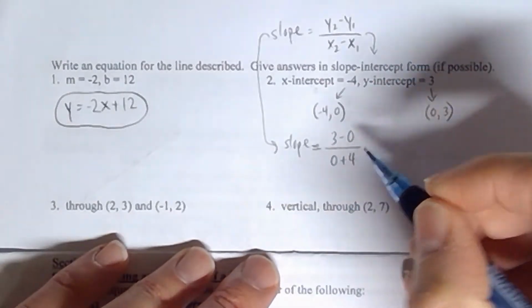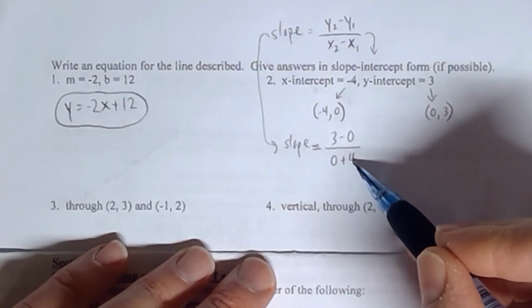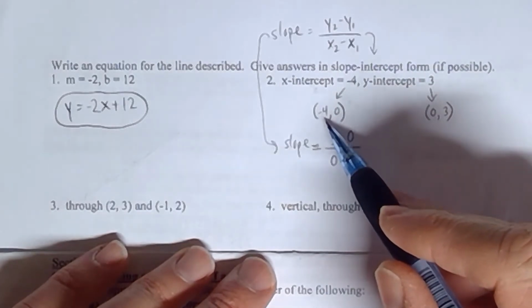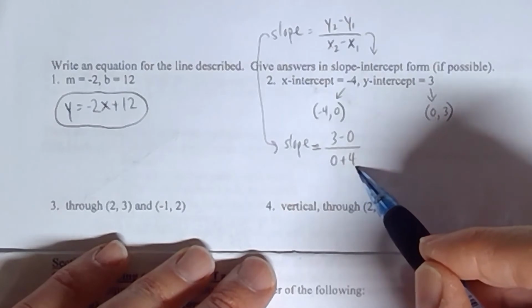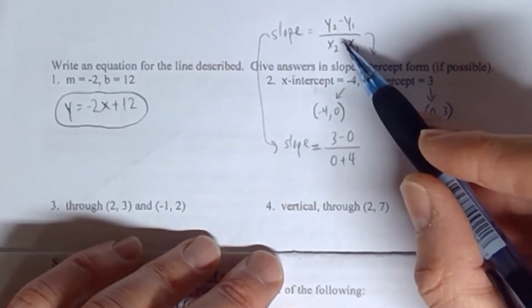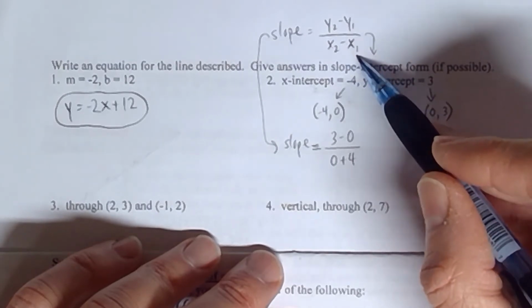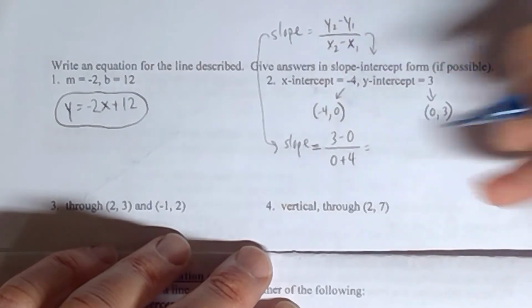If you had plugged in a positive number, say this was 4 instead of -4, then that would be -4. But because it's a negative, it's like subtracting a negative, and when you subtract a negative, it becomes plus.